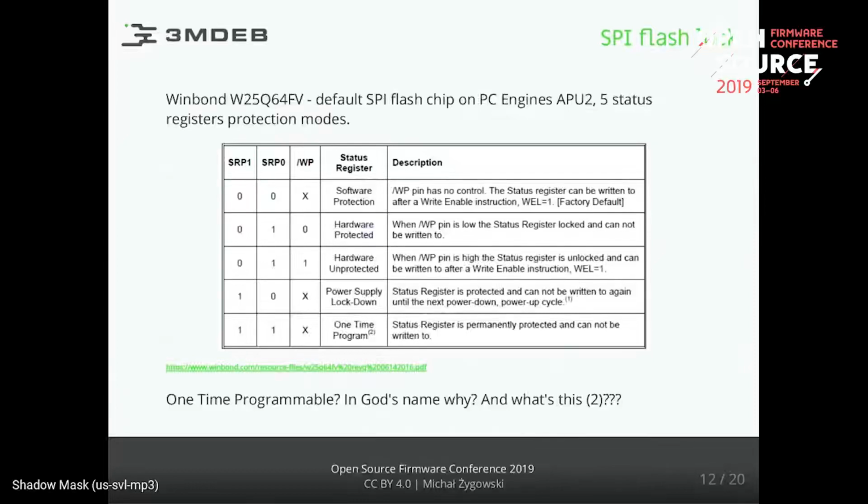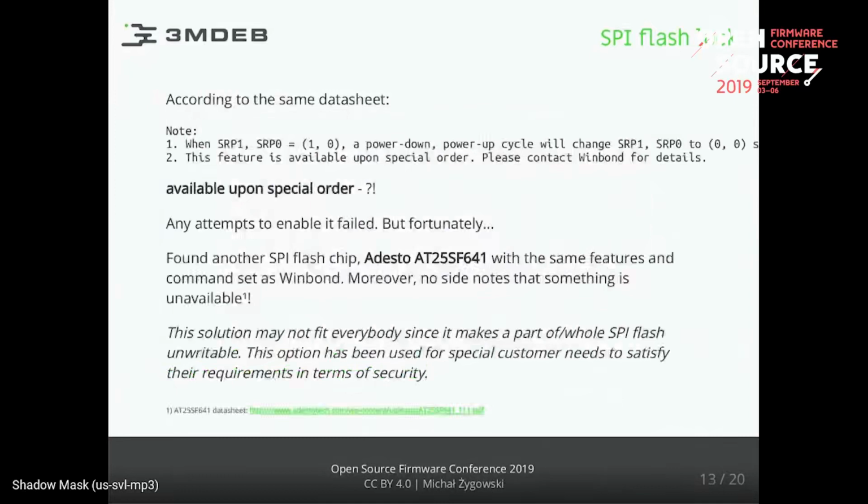So the main issue I have encountered from the start was the default SPI flash chip that was present on the APU2 platform. This Winbond also has the one-time program mode available, as the datasheet states. However, there is a small note there that says this mode is only available upon special order.